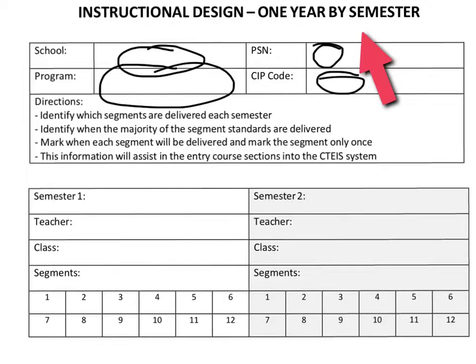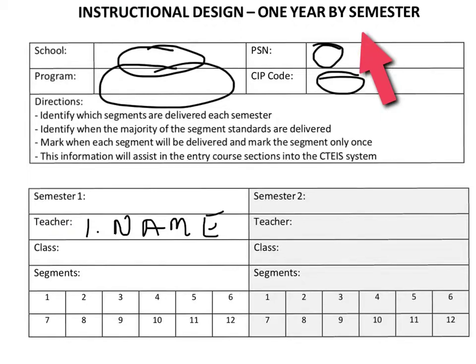So let's make this segment sheet our test teacher's segment sheet. Now, our test teacher really only teaches in the first semester. She actually teaches one course in the first semester, and then she teaches a whole different course in the second semester. So we're going to put her name right there.